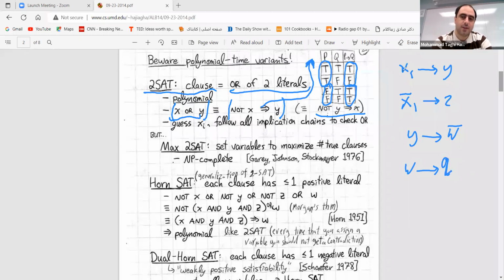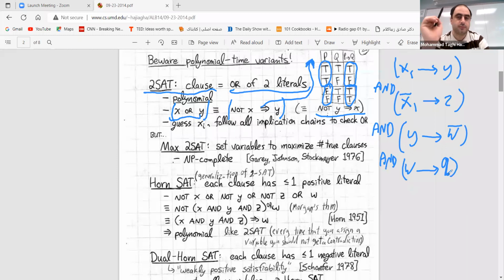So the whole three-SAT formula would be something like this. These are the AND of all these guys, correct? Good. So all of the things would be like this.